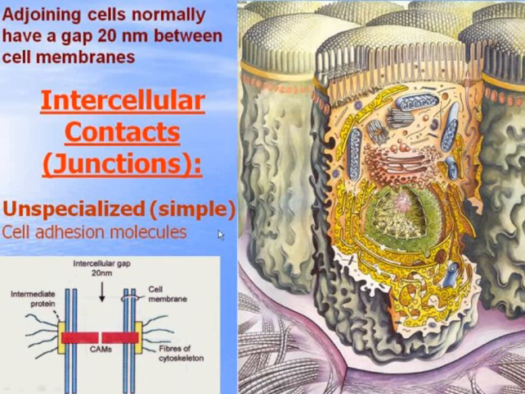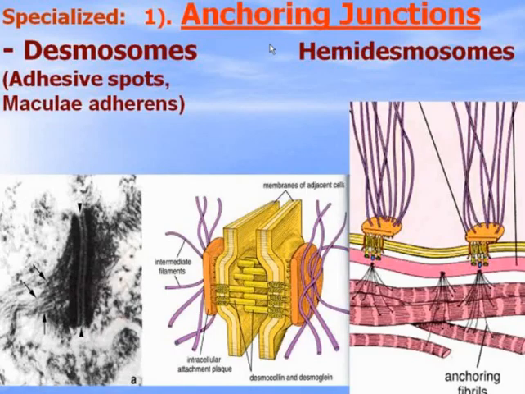There is also a junction where an extension of one cell enters the invaginations of a neighboring cell. Specialized junctions may be of three types: anchoring junctions, like desmosomes or adhesive spots or macula adherens.